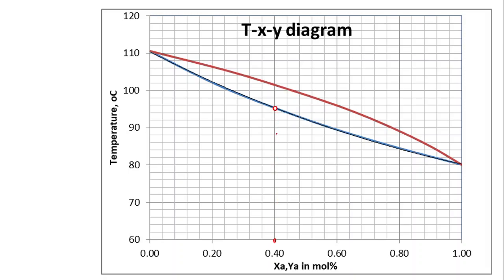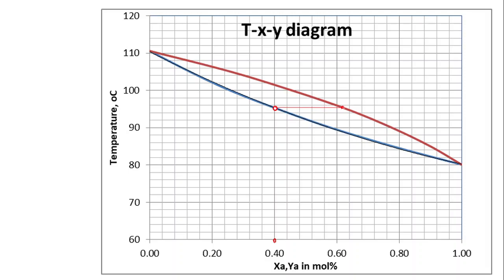At this point, when you supply the heat, the first vapor will be formed, that is called the bubble point temperature. We can find that the bubble point temperature comes around 95-96 degrees Celsius, for example, in this case. So when the first vapor is formed, what will be the composition of that vapor? That vapor will always be in equilibrium with this liquid, and you can find the composition of that vapor at that temperature.